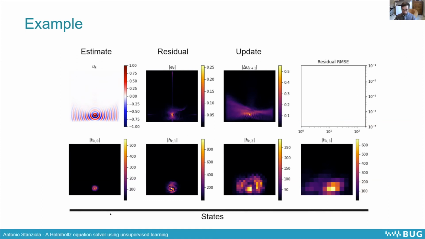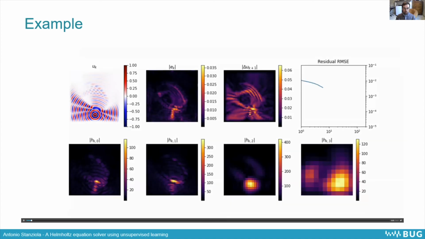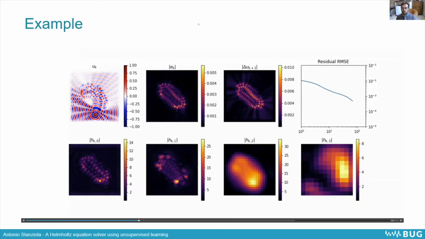Another question is what the hidden states represent, and this is actually beyond my understanding at the moment, but I think it's still interesting to see what's going on. So if we look at this image as the optimization progresses, we get something that looks like this.